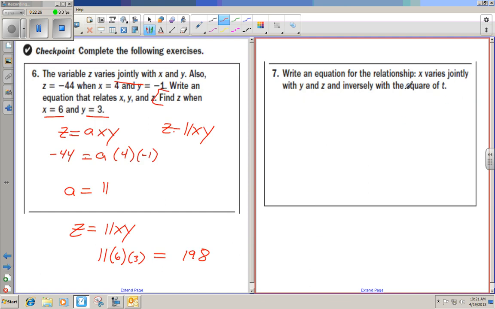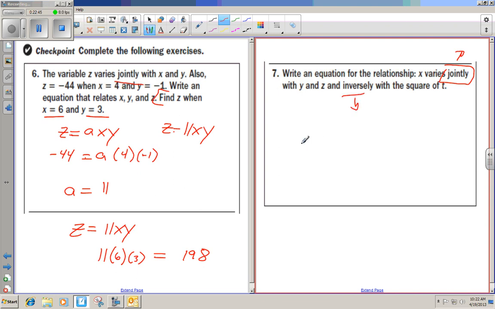Write an equation where x varies jointly with y and z, and inversely with the square of t. So remember, jointly and directly are in the numerator. Inversely is in the denominator.